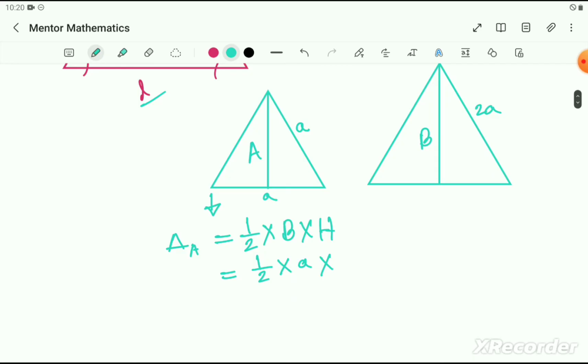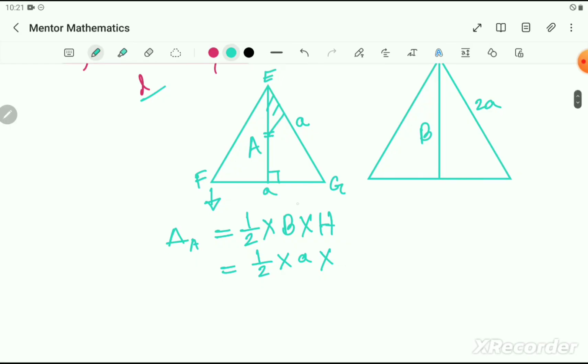So for the triangle A, let's consider three vertices E, F, G. If we want to find out the height of this triangle, then we can consider only this triangle, EIG.